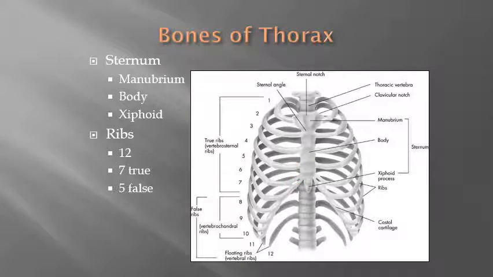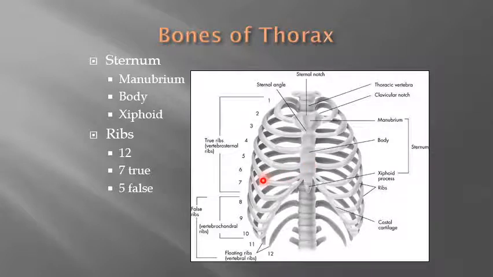So there are 12 ribs in the rib cage. You have the true ribs, and they're called true ribs because ribs 1 through 7 all have direct attachments to the sternum.